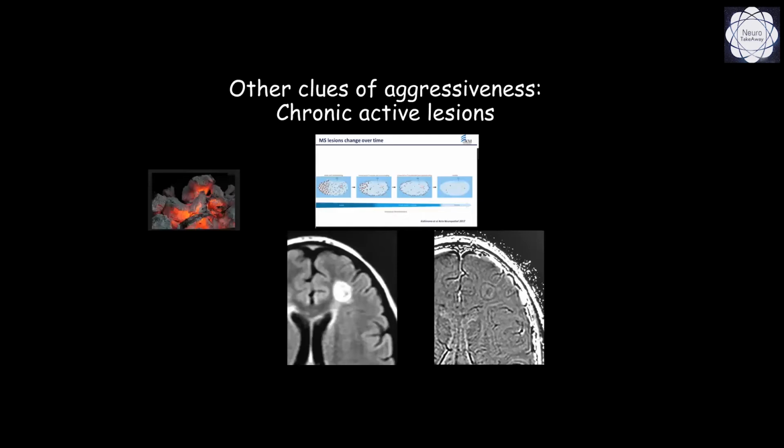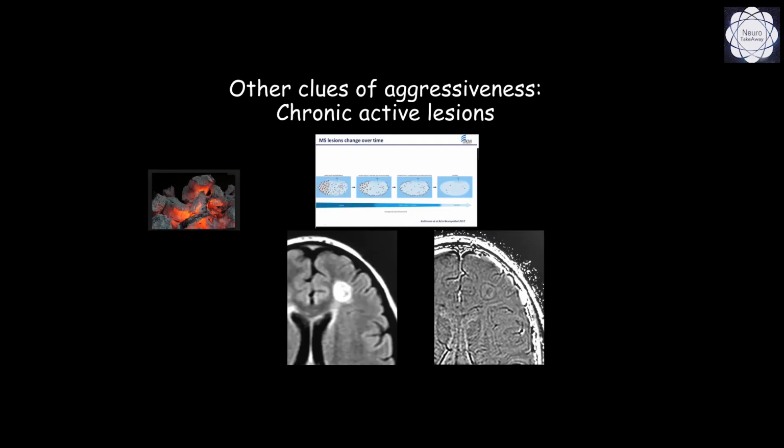Another important sequence is the SWI, especially the phase variant of this sequence. In some lesions, we can find these hypointense rings that represent the presence of iron inside macrophages. As you know, macrophages have 2 flavors.